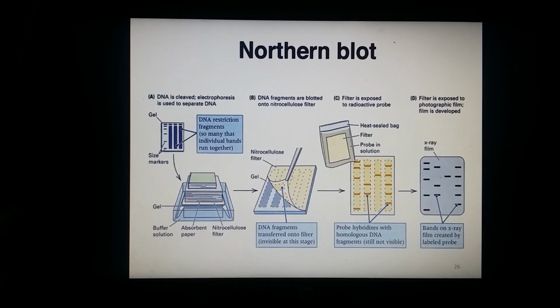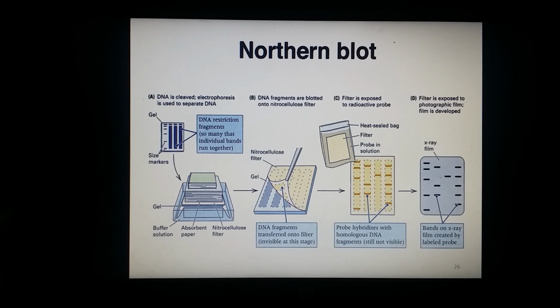Here in the diagram is basically the summary of the entire northern blotting process. The first step is that DNA is cleaved. Electrophoresis is used to separate the DNA, and you can see the gel and the size markers being shown. I have shown you how the entire gel electrophoresis setup looks. The next step is that DNA fragments are blotted onto the nitrocellulose filter, or you can say the membrane.